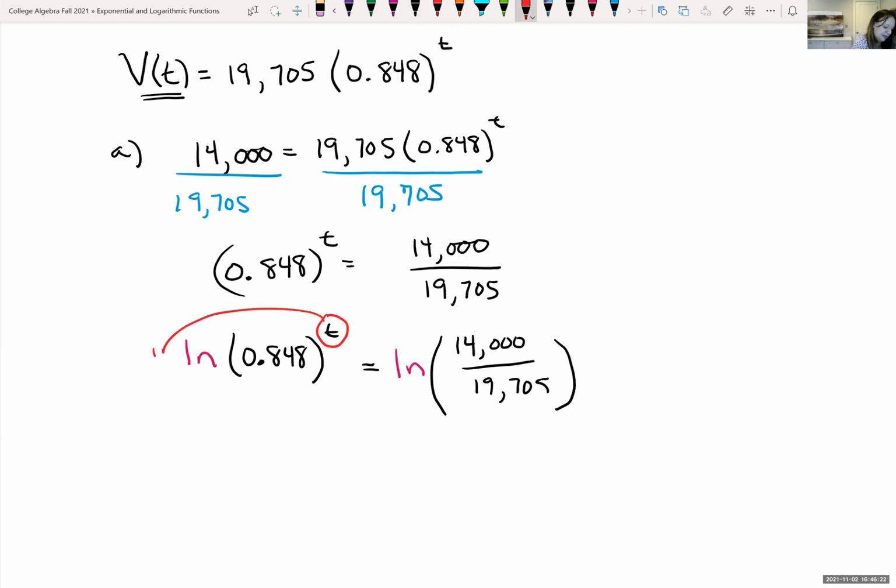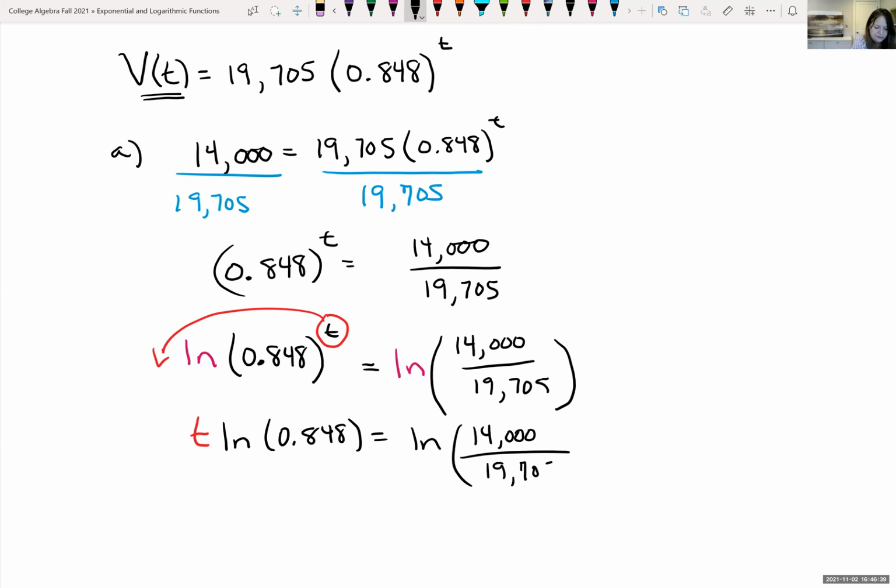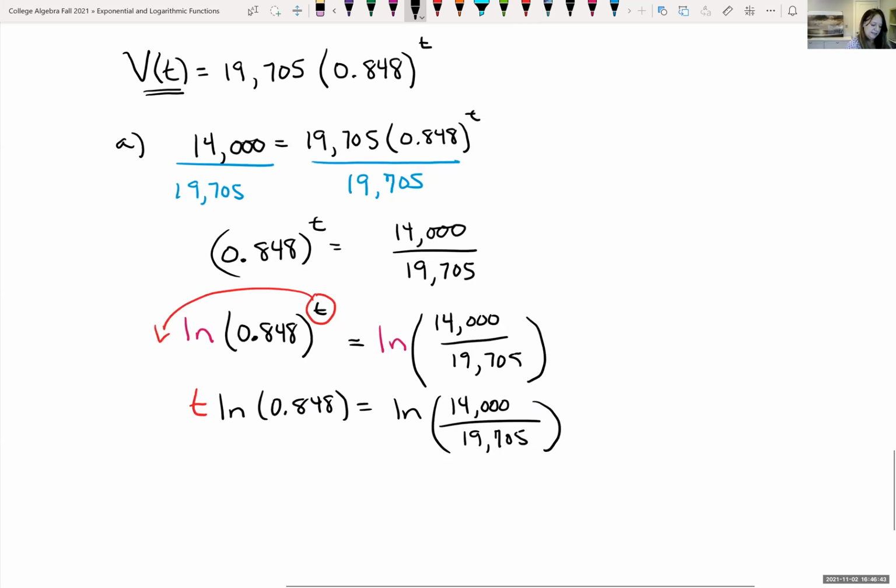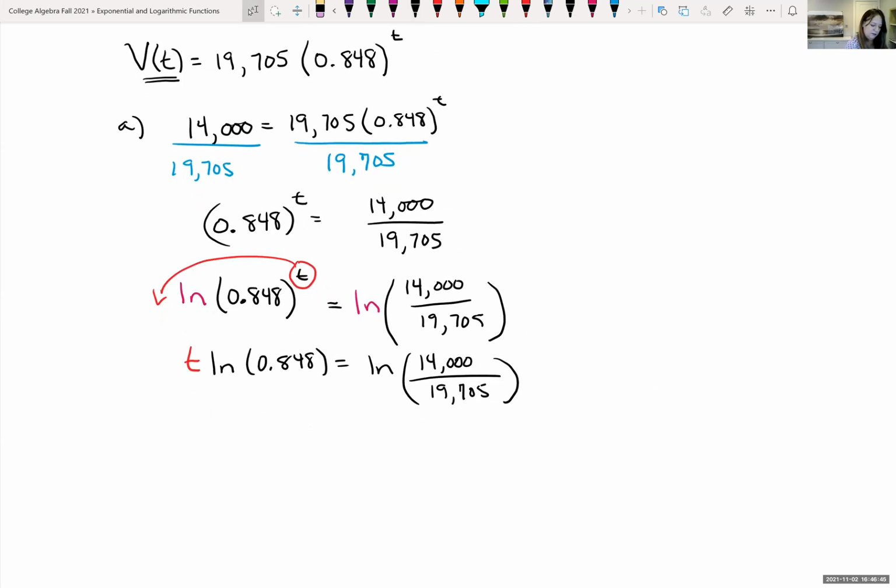And so we get t times natural log of 0.848 equals the natural log of 14,000 divided by 19,705. So divide both sides by that natural log.